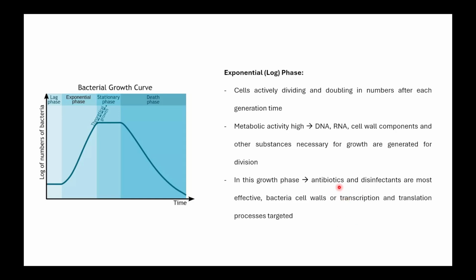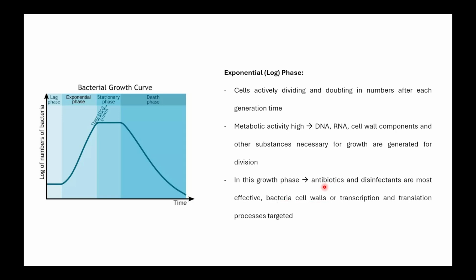Most of the antibiotics and disinfectants are designed in a way that actually targets the bacterial or microbial cells in this particular phase wherein they are actively dividing. So if they are targeted at this phase, then their growth can be minimized, and ultimately can be totally finished off.